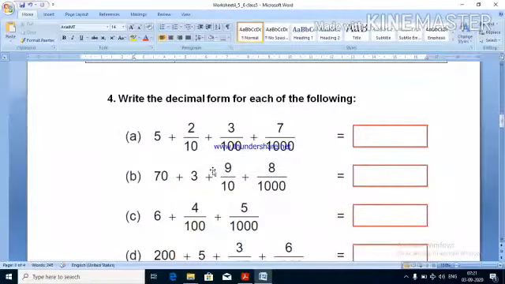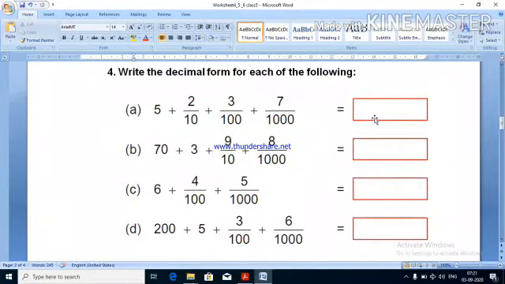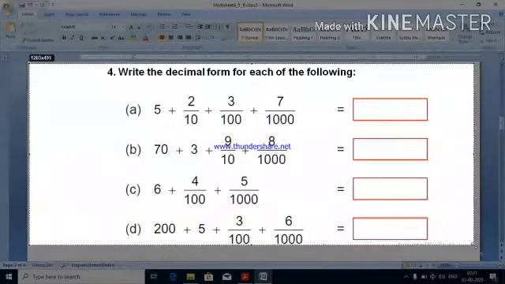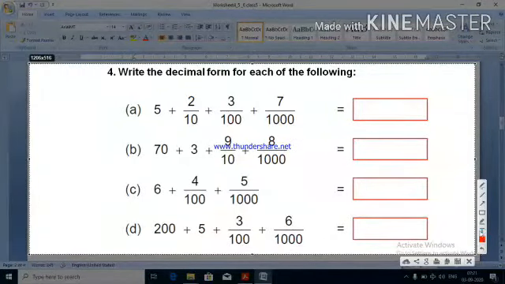Now, write the decimal form of each of the following. We have to write the decimal form. It is 5.237. Next one, 73.908.